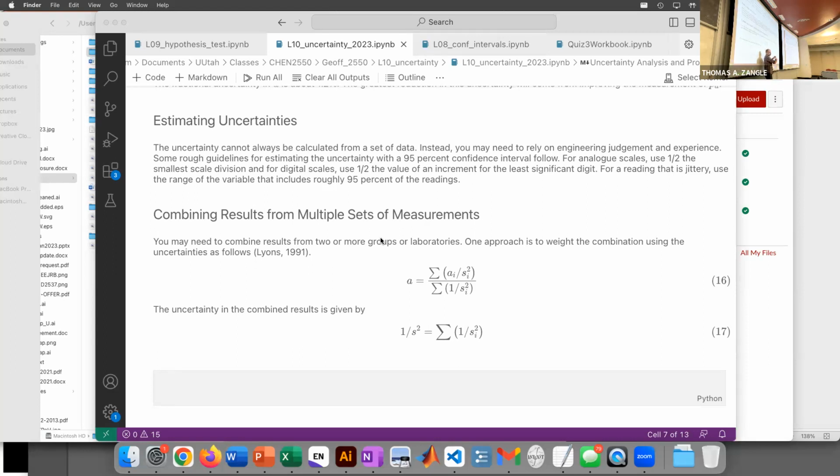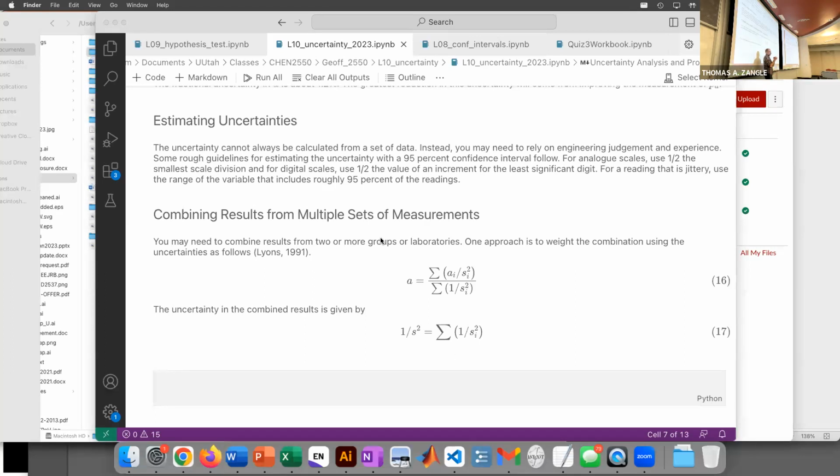Does that make sense? A little bit of sense, right? So if you follow such a procedure, then you can use the expression in equation 17 to estimate what the overall uncertainty is when you've combined the results that way.